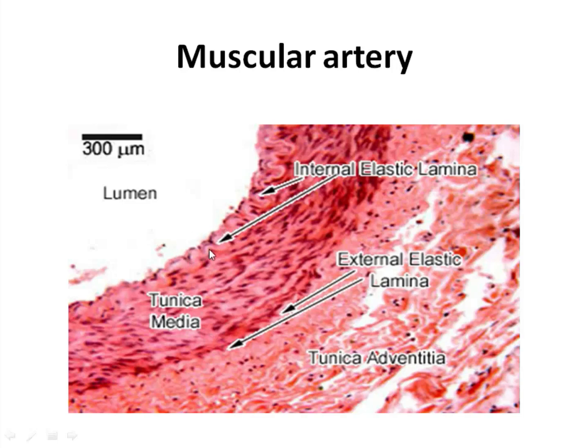Then from this layer up to this external elastic lamella, all these dark pink structures are the tunica media, and histologically they are smooth muscles. Then this one is the tunica adventitia.